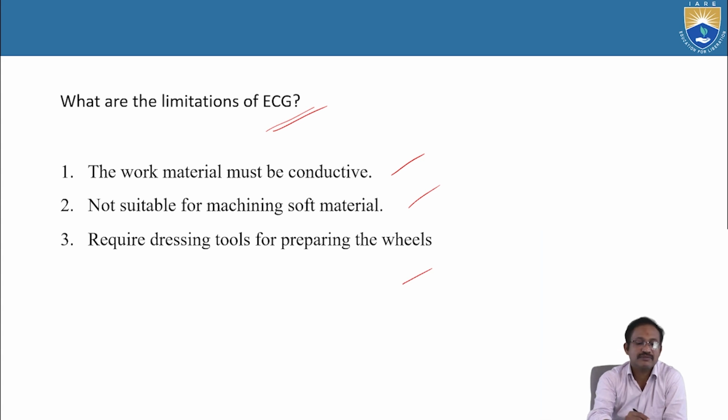Dressing means removing the debris which occupies the areas of the grinding wheel. In a grinding wheel there will be some gap between each grinding particle, so this debris will occupy that space. We have to remove that debris, and that is nothing but dressing.